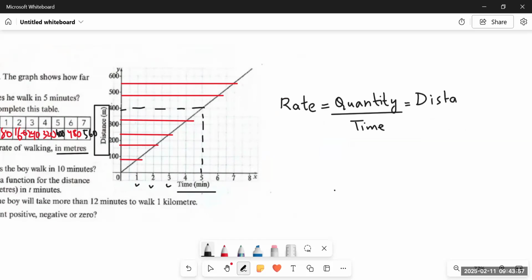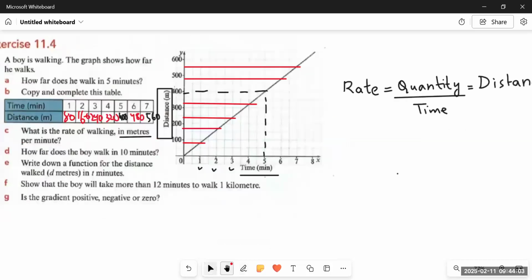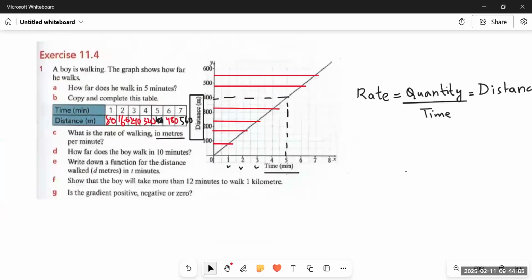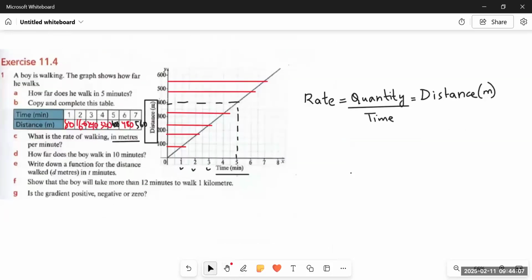Distance is expressed in meters. So they are saying find out the rate of walking in meters per minute. If we have to find it in per minute, it means upon minute, that is, in 1 minute. So you see, minute is the unit of time.